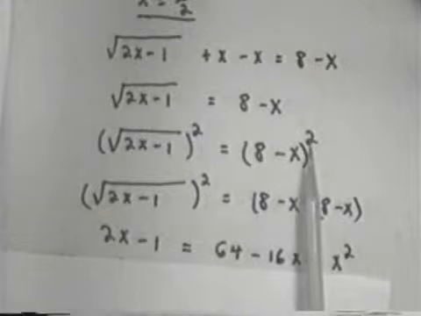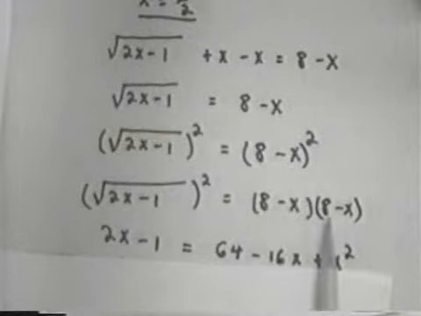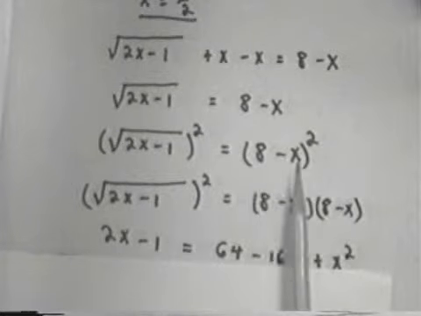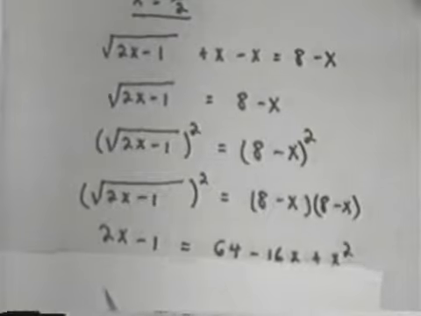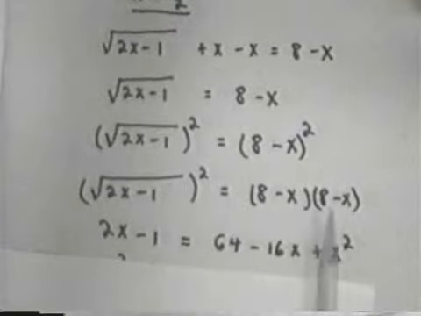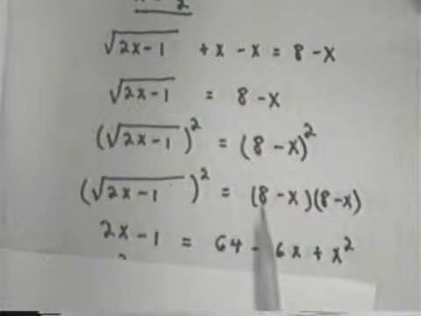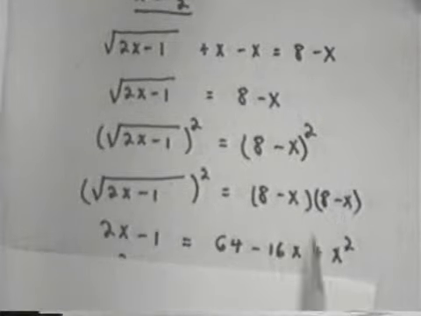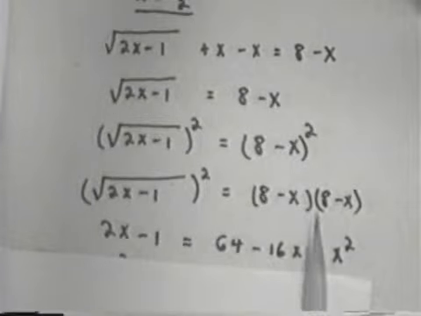Well, the exponent 2 tells me to use the base as a factor 2 times. So 8 minus x quantity squared is 8 minus x times 8 minus x. I need to multiply this out using the FOIL method. 8 times 8 is 64. This will be a negative 8x. This is a negative 8x. And a negative 8x plus a negative 8x is a negative 16x.